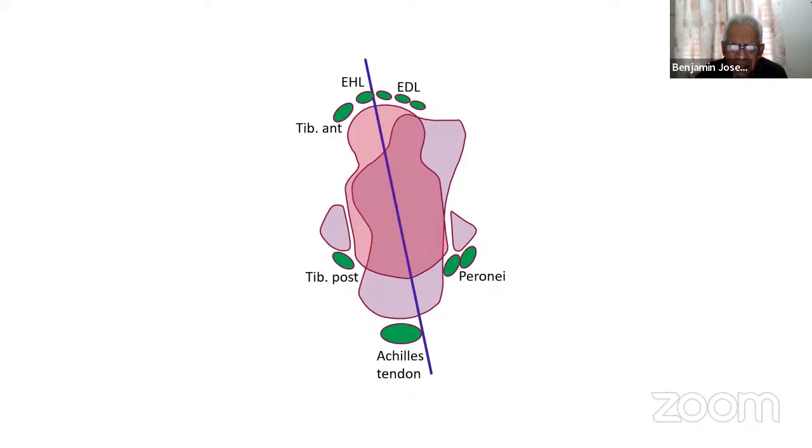And to this, we add the axis of the subtalar joint, which runs at an angle of 15 to 16 degrees, medial to lateral as it goes down, and the bimalleolar axis, which is the axis of the ankle.